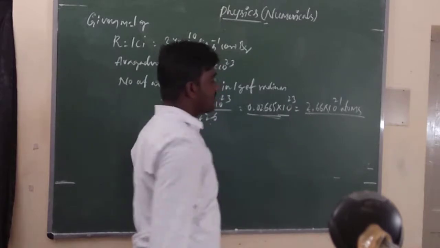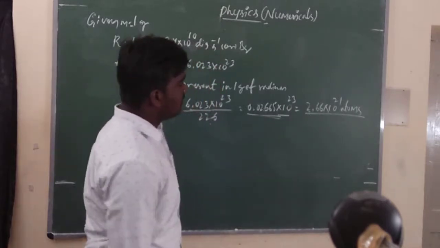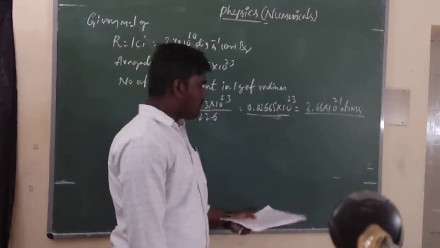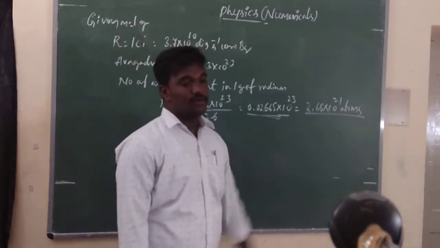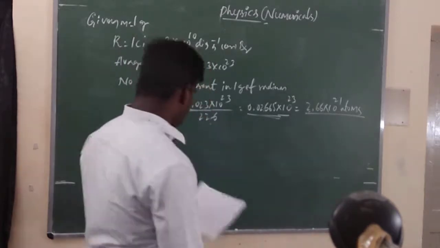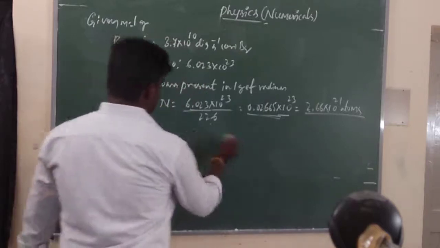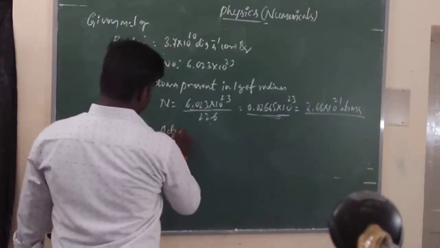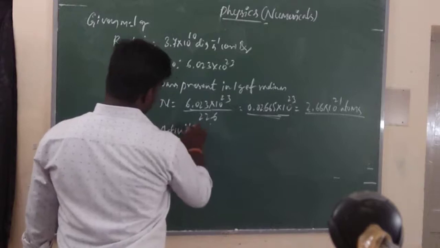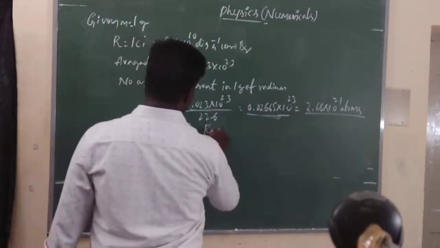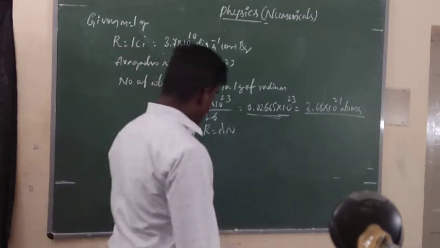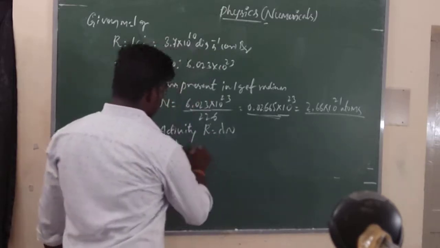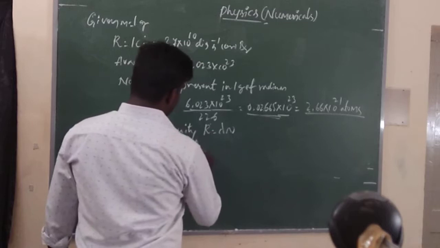We write it like this: 2.666 into 10 to the power of 21 atoms present in 1 gram of radium. Clear? Next, activity of radium. Activity R is equal to lambda into N, where lambda is equal to R by N.